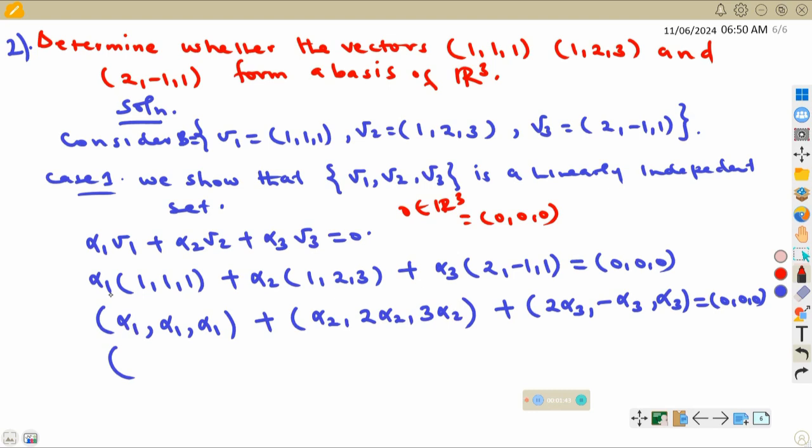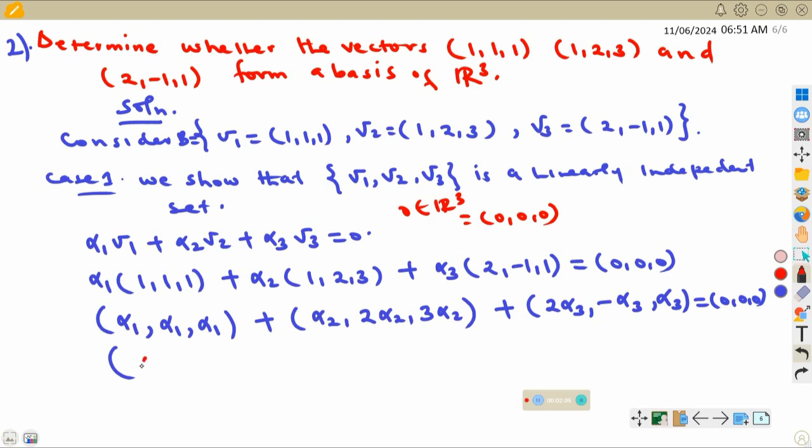For that case, we shall multiply through. That is alpha 1, alpha 1, alpha 1. This is alpha 2, 2 alpha 2, 3 alpha 2. This is 2 alpha 3, negative alpha 3, alpha 3, equaling (0, 0, 0). We shall add the corresponding components.